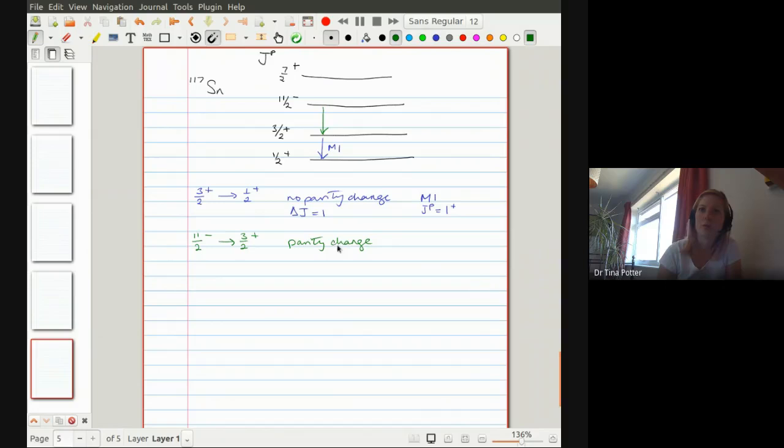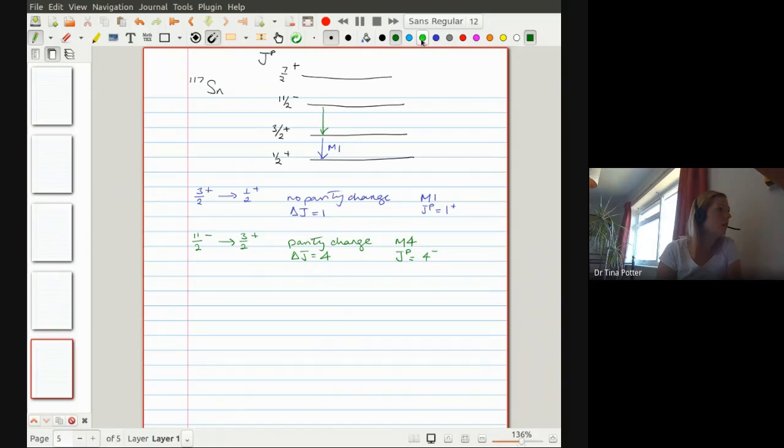So we know what columns we'll be looking at, E1, E3, etc. We've got quite a large change there, a delta J of 4. So if we go along our columns on slide 34, we don't actually have a column for this, but you can extend it. The one that will give us a parity change and a delta J of 4 is going to be the M4 transition. And that gives us a spin parity of 4 and odd parity for our photon.